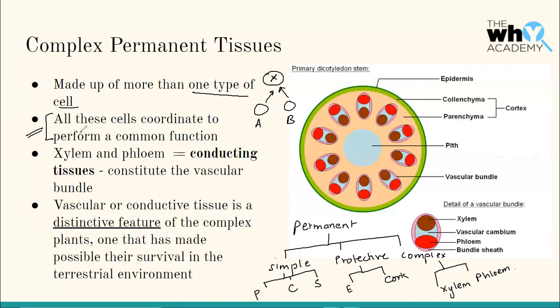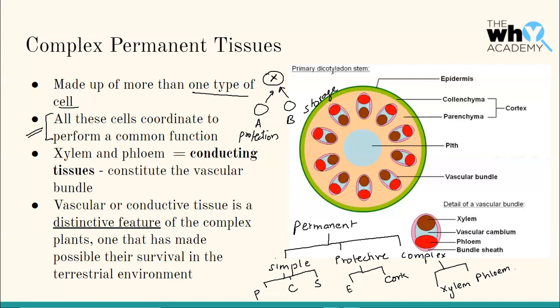Okay. So this is what this point means, that these different types of cells, like cell A, cell B, will be performing different functions. For example, this is involved in protection or this is involved in storage, right? So they come together and perform a common function. You can understand this better when we talk in detail about xylem and phloem, right? Okay.